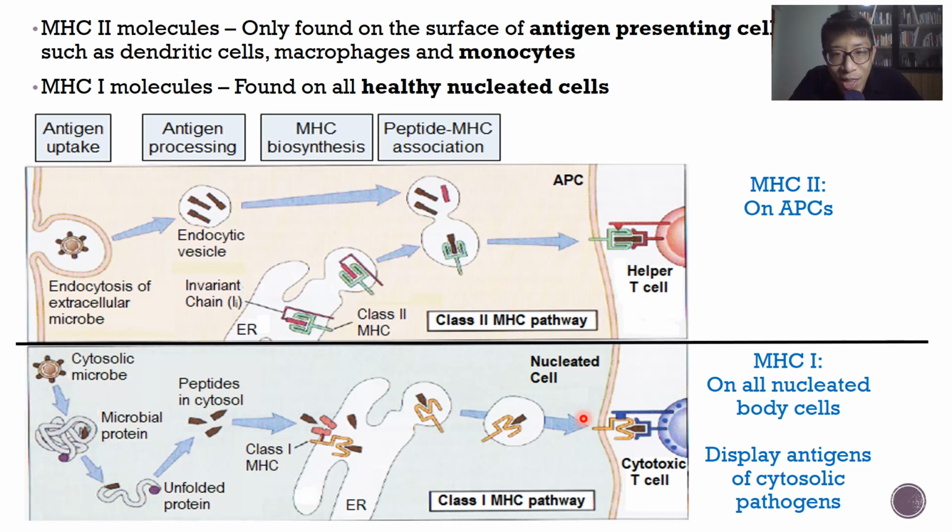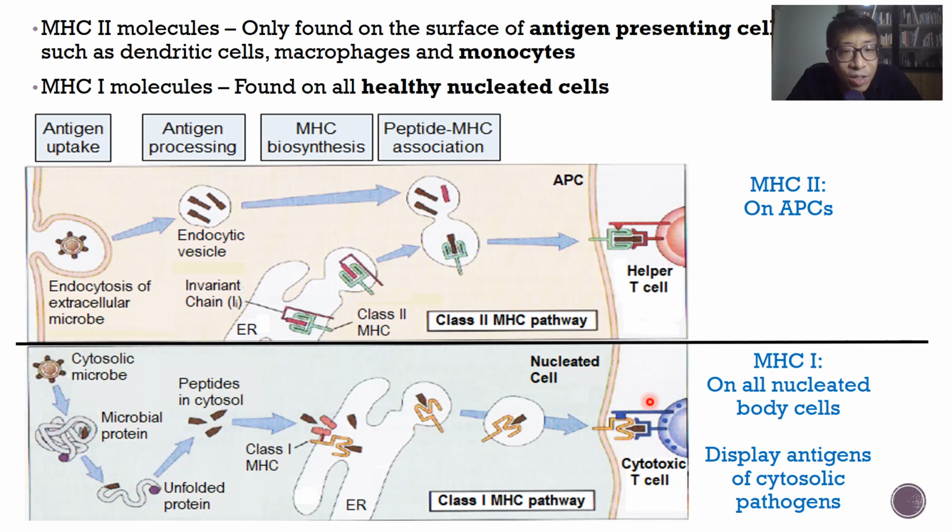When our cells are infected, say for example by a virus, the virus would make use of the infected cell to make viral proteins. Some of these viral proteins can then be presented on the cell surface of the infected cells with the MHC class 1 molecules, and that would activate cytotoxic T cells to kill the infected cell.